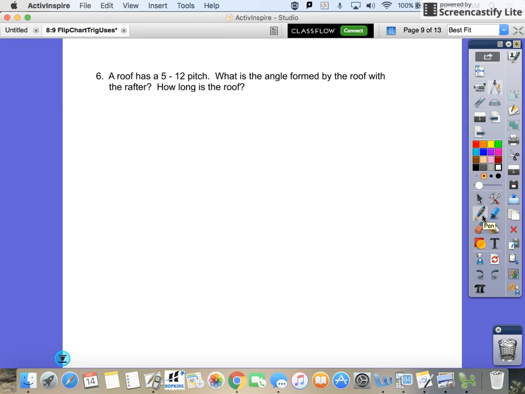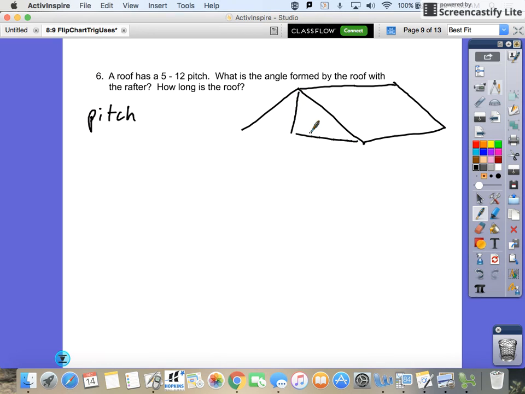All right, this one says a roof has a 5/12 pitch. When it talks about pitch, can you guys just think of that as slope? So on a roof of a garage, it's kind of hard to draw this three-dimensional so that you can see it, but there's like beams that go this way and beams that go this way.